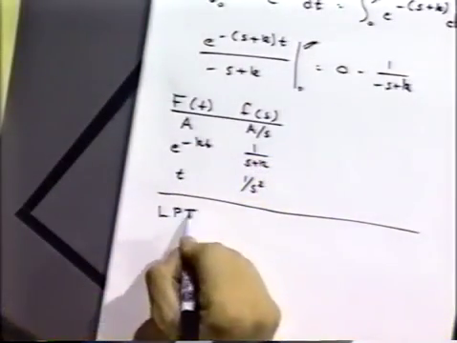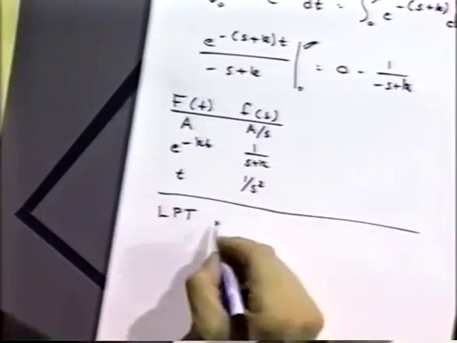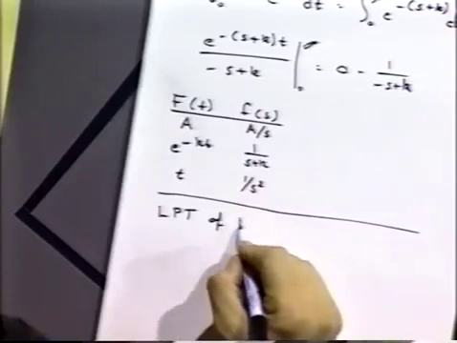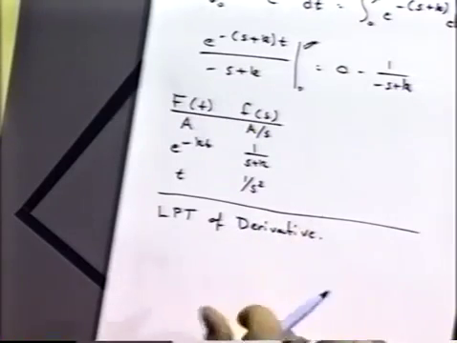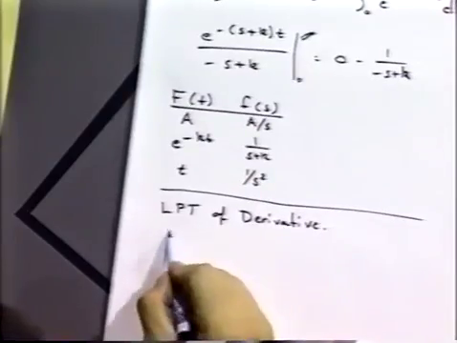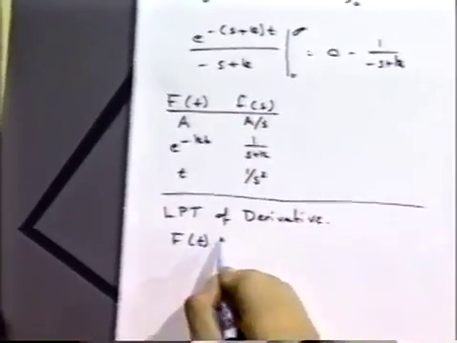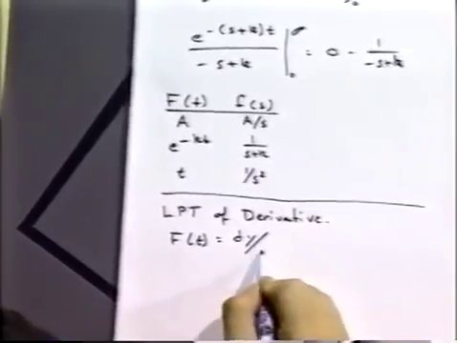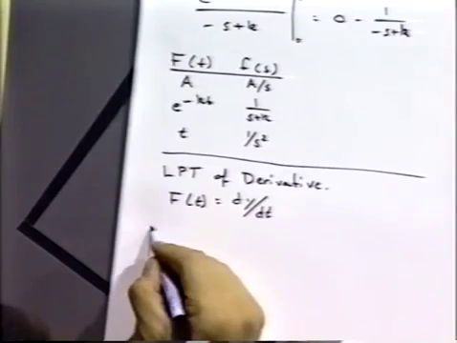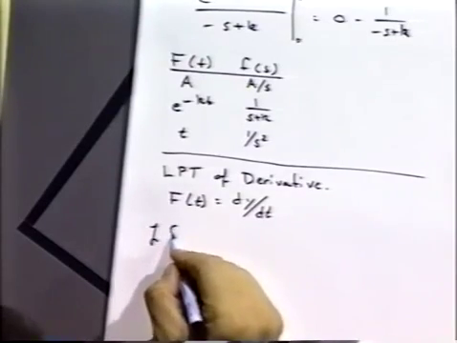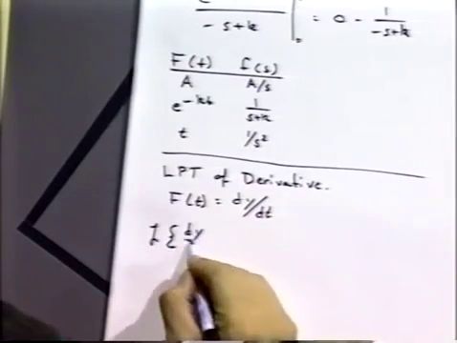Let's ask ourselves, what's the Laplace transform? I'll use LPT as a shorthand for Laplace transform. So what's the Laplace transform of a derivative? In other words, given a function of time, which is dy dt, we apply, just like before, the integral transformation.